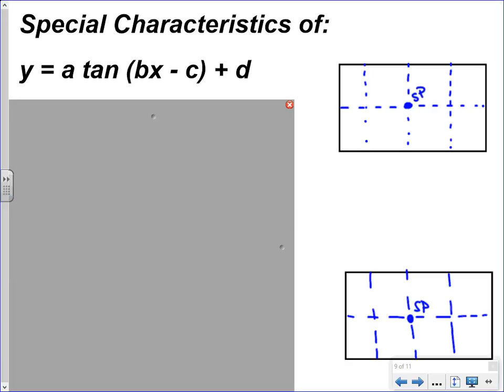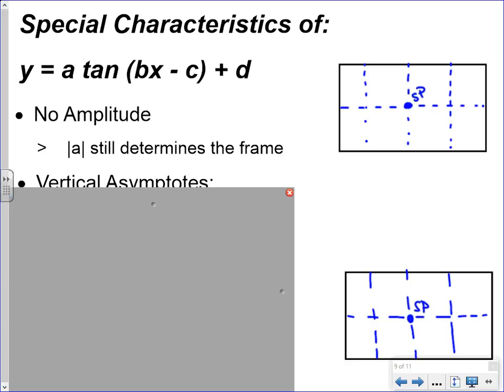Okay, so it says this in step 3: the starting point should be in the middle of your frame. Now, we're still going to use the A to determine the frame.